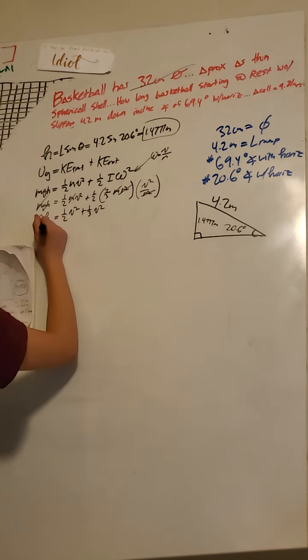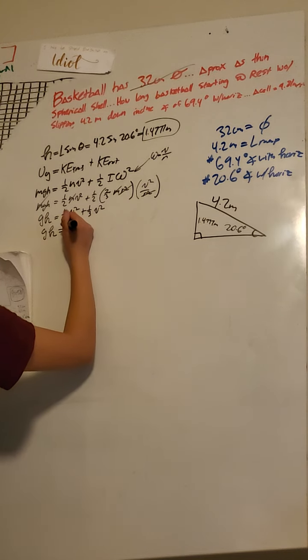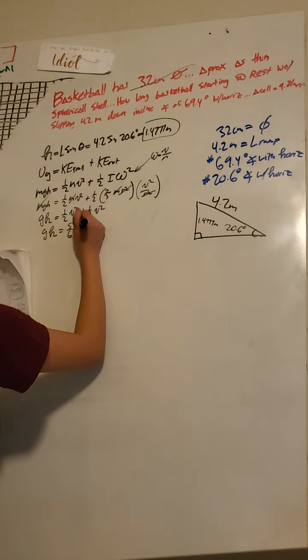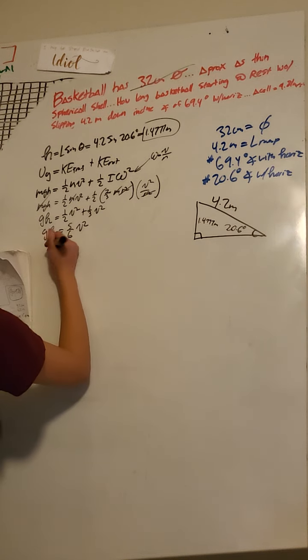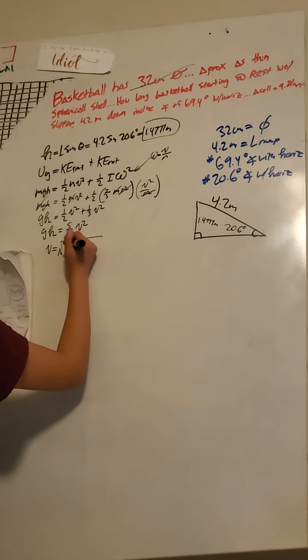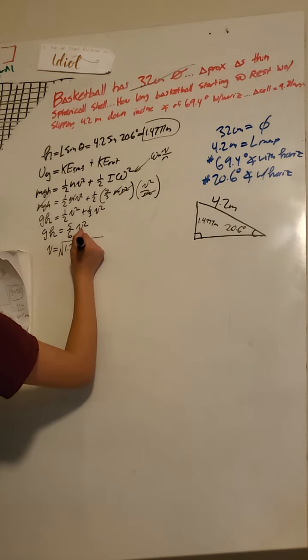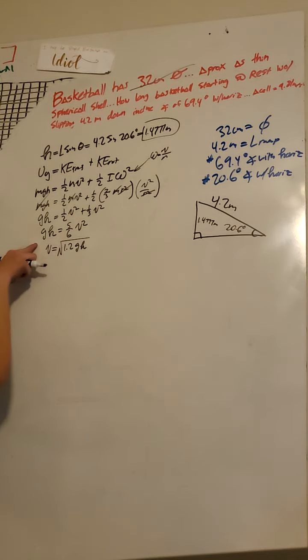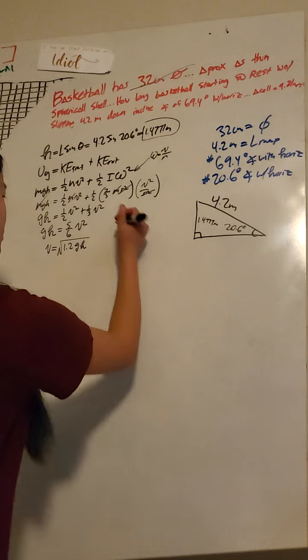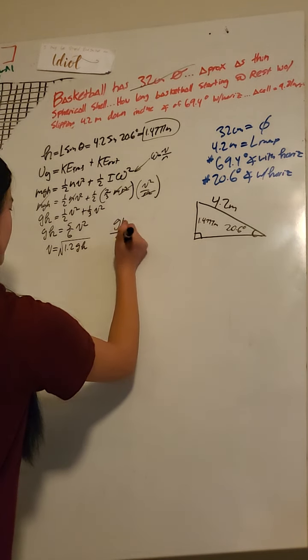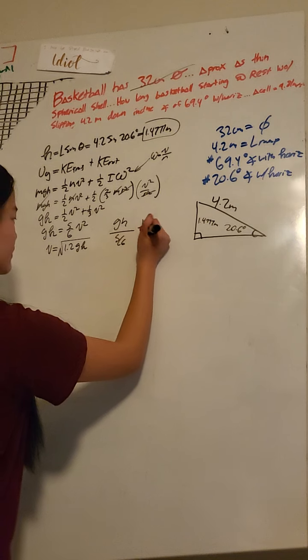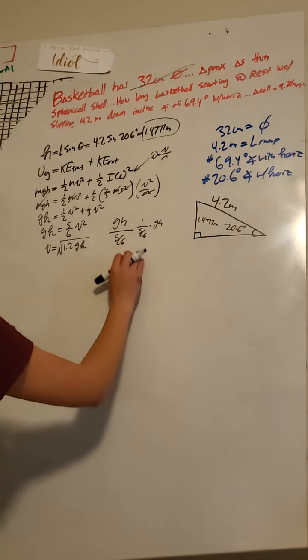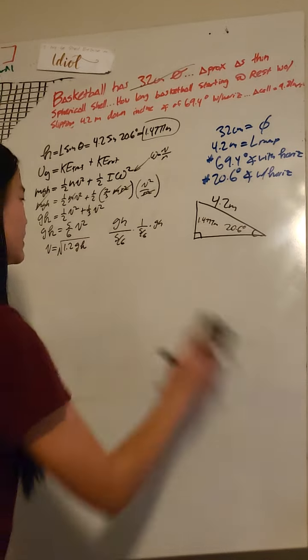Simplifying further, gh is equal to 5/6 v squared. To find the velocity, that would be the square root of 1.2 gh. You may be wondering how we got the 1.2. We have gh all over 5/6, which is the same thing as 1 over 5/6 multiplied by gh, and 1 over 5/6 as a decimal is just 1.2. So that's how you get that.